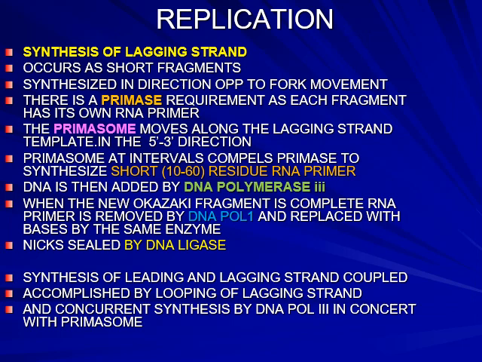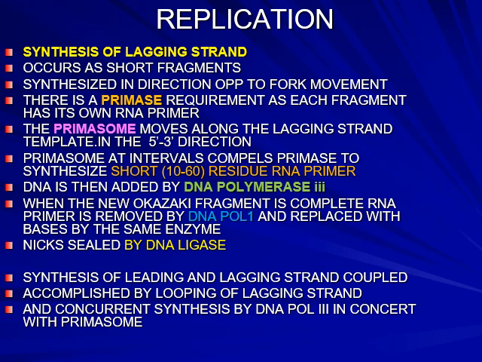Now the synthesis of the lagging strand is more complicated because it has to synthesize in the 5' to 3' direction, but in a direction opposite to the fork movement. So the primase requirement is there for each fragment of DNA which is being synthesized.